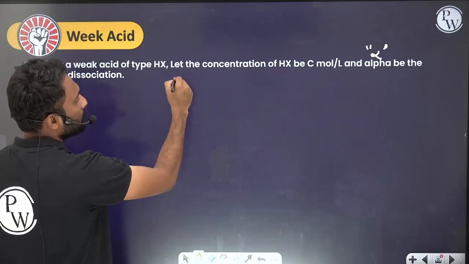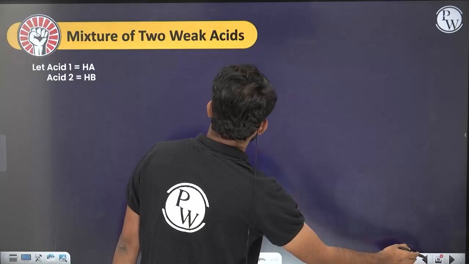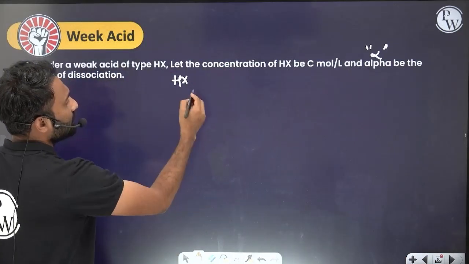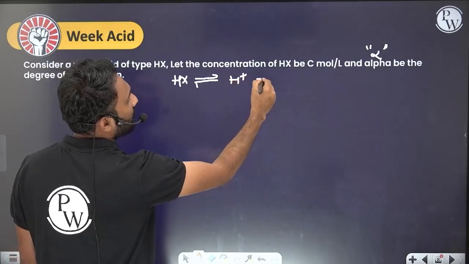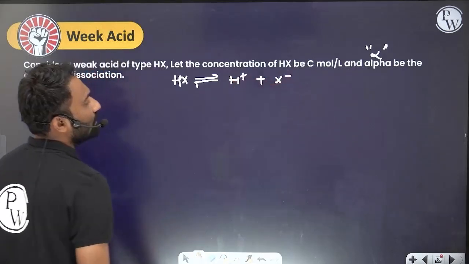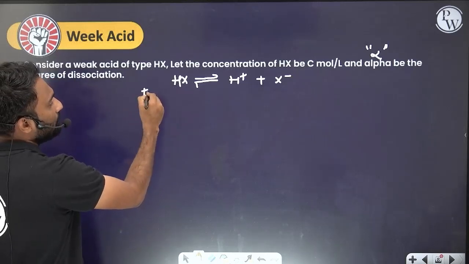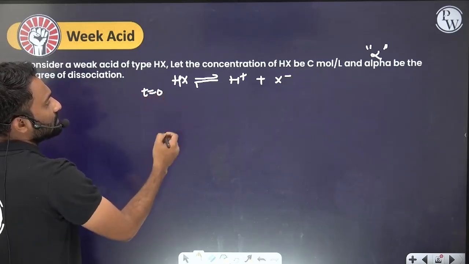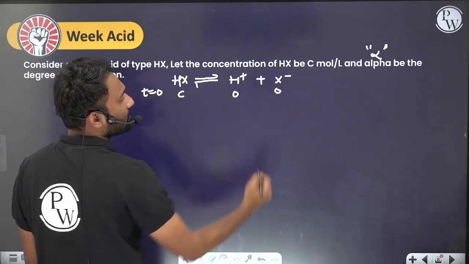Now let's take weak acid HX. Now it is dissociating to H plus and X minus. Initially at time t is equal to 0, initially HX concentration is C. Now H plus ion concentration and X minus concentration are 0.